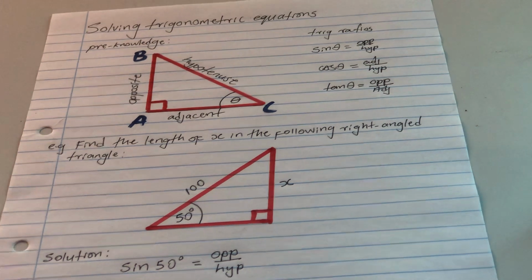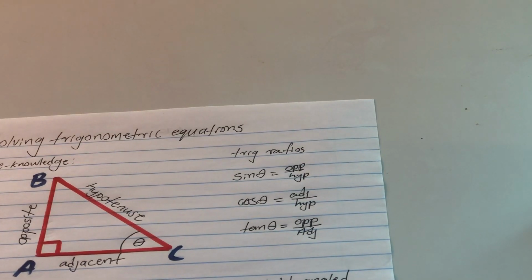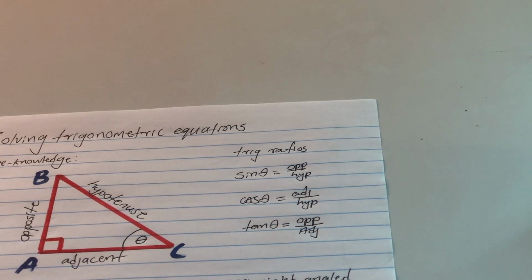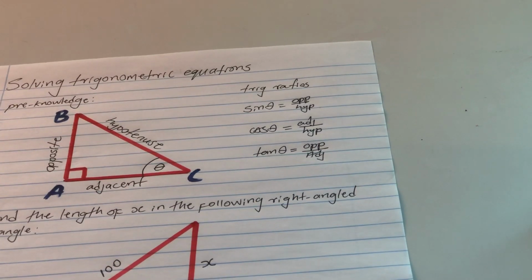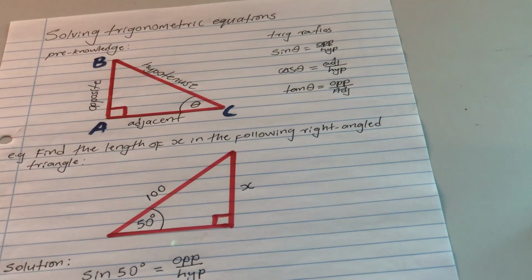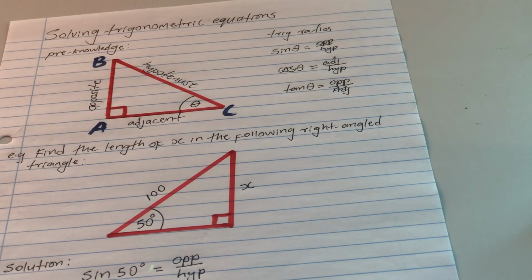So this brings me back to these trig ratios. I must choose the one which is relevant, or which will enable me to find x. How do I decide? I cannot take this one because I don't have the value here. I don't have the value for the adjacent side.